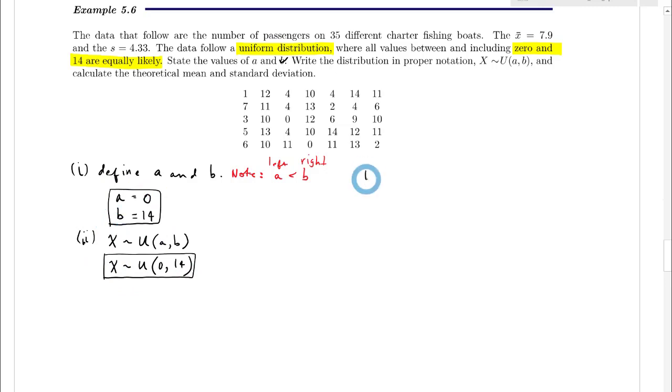And then part 3 says, calculate the theoretical mean and standard deviation. So if we calculate the theoretical mean, that's just mu equal to a plus b over 2. And so let's just go ahead and add 0 and 14 and divide by 2, which we can see that's 7.